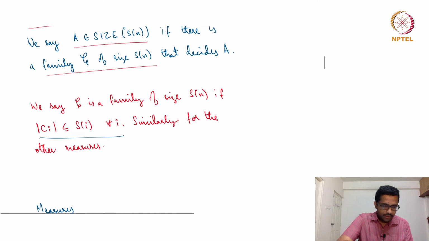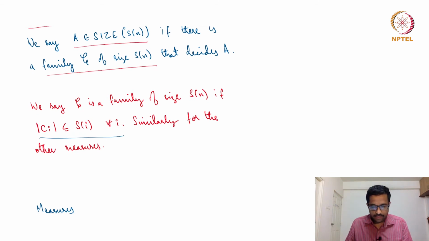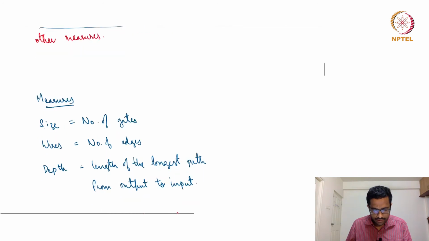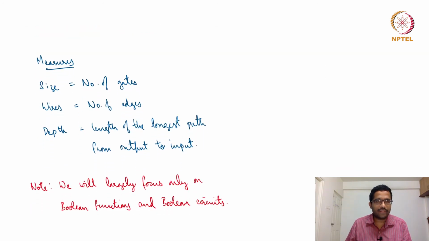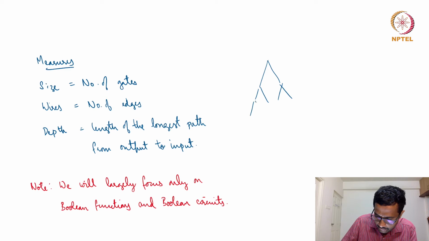So coming back to a family of size Sn, each Ci is of size Si, and similarly we could define other measures like number of wires and depth. Depth is where you can view the circuit as a tree, or a directed acyclic graph.